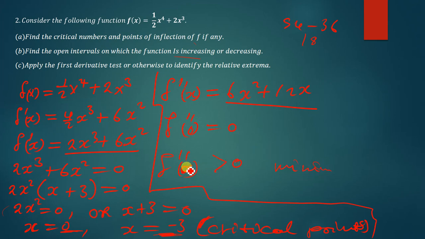Then if the second derivative of a function is less than 0, then it has a maximum value. And then if the second derivative is equal to 0 at that given point of a function, then it has a point of inflection.